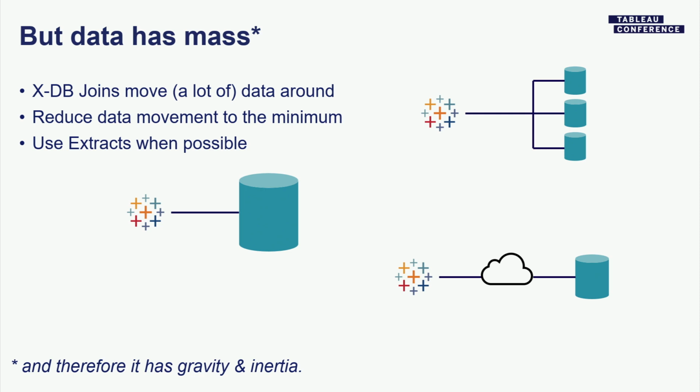Cross-database joins move a lot of data around, and it's really something you've got to keep in mind when you use them, because if you stay in direct live mode, you could experience some really bad performance in Tableau.